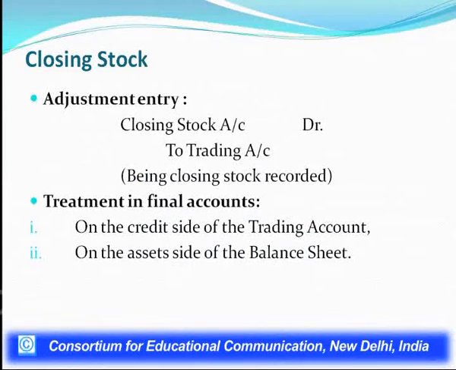Now we should know the adjustment entry for closing stock. Adjustment entry for closing stock is closing stock account debit, or stock account debit, to trading account. So when this entry is passed, the stock is recorded having a debit balance and trading account is credited.